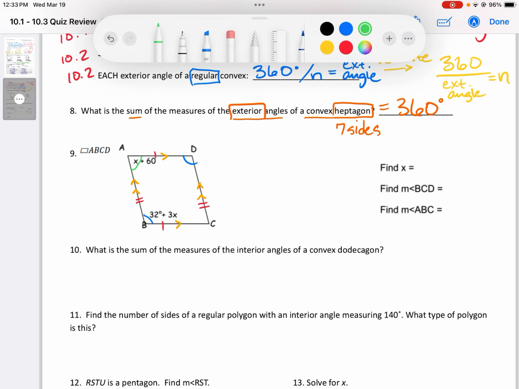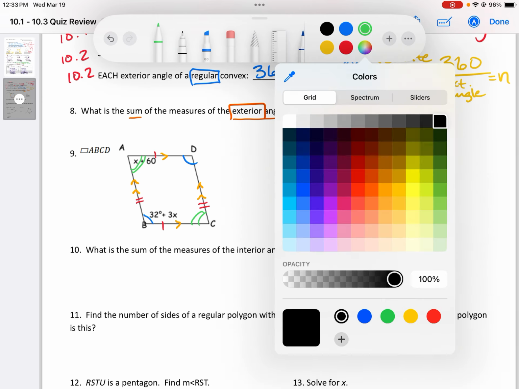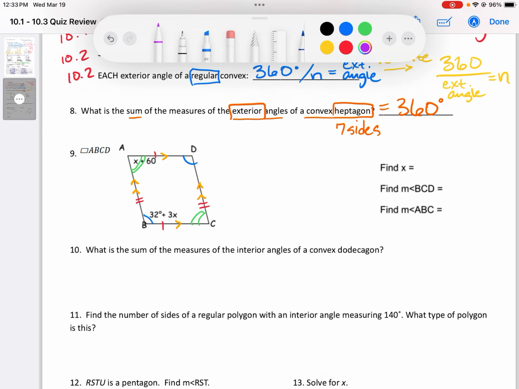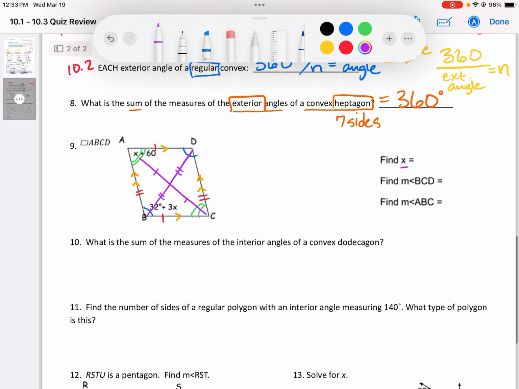We should also know that its opposite angles are congruent. And we should know that its diagonals, the lines that go from corner to corner, bisect each other, which means they cut in half. So that's a lot of information about parallelograms.